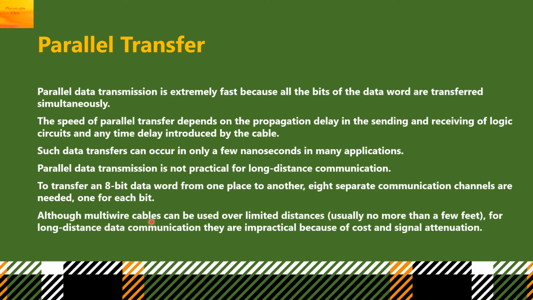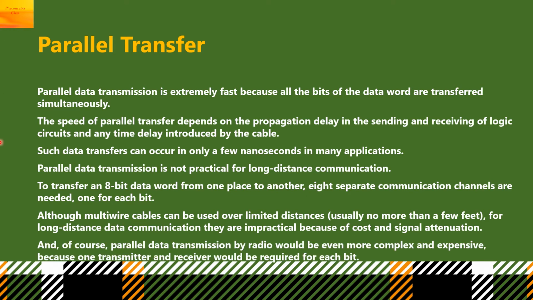Although multi-wire cables can be used over limited distances, usually no more than a few feet, for long distance data communication, they are impractical because of cost and signal attenuation. And of course, parallel data transmission by radio would be even more complex and expensive because one transmitter and receiver would be required for each bit.